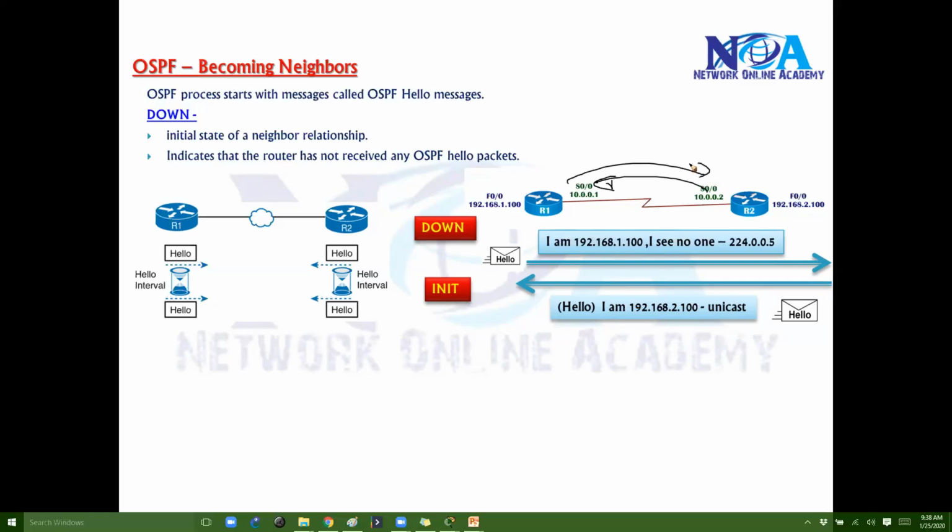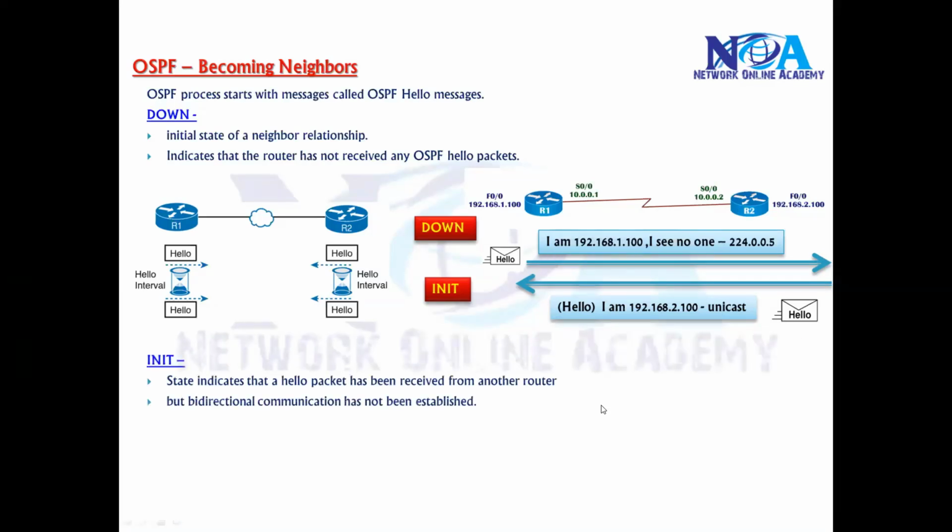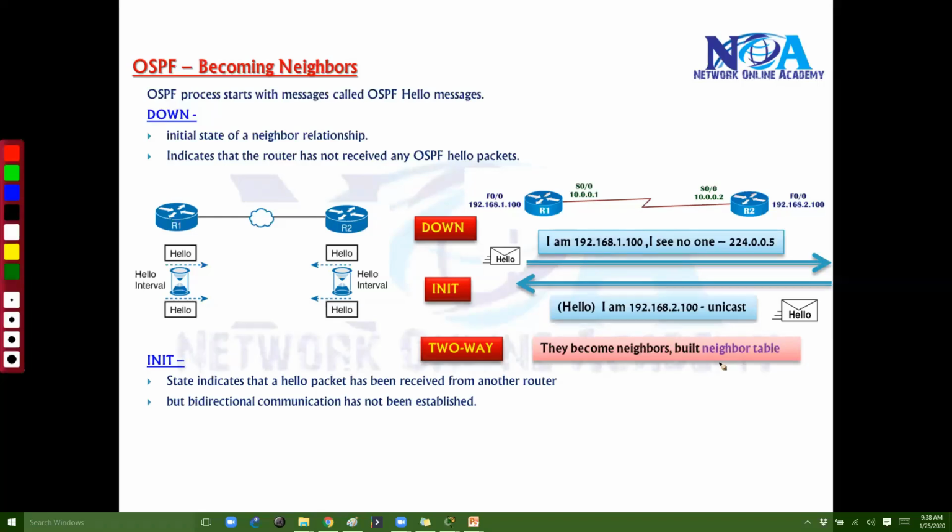So it sends a hello, and you get a reply to that hello packet in the next step. Once I get a reply, they come to the two-way stage where both routers are neighbors. They establish something called the neighbor table, and we can call them neighbors now.